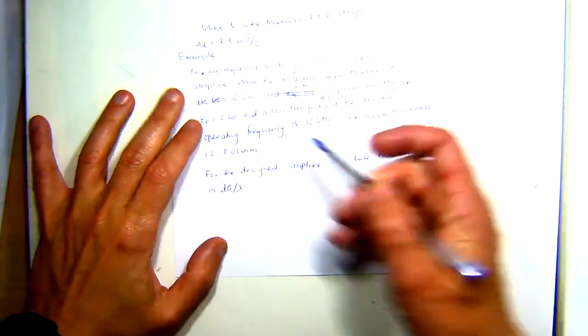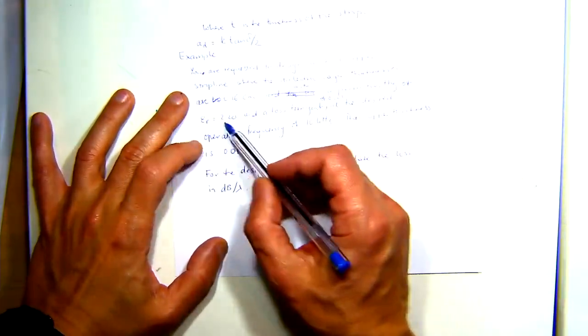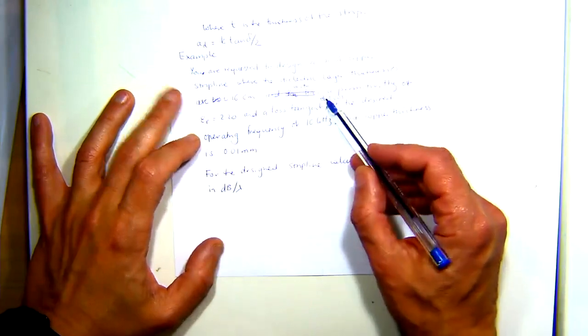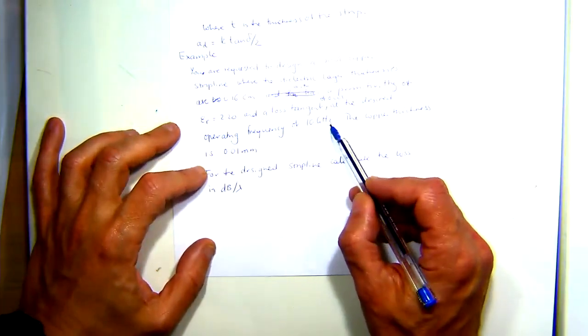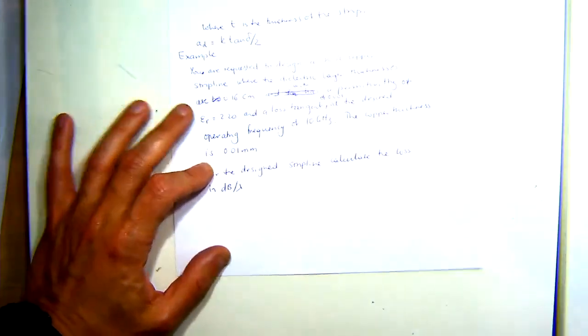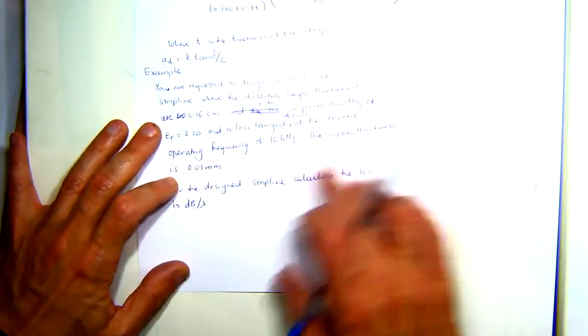So usually you're given a thickness, a dielectric constant, a loss tangent, a desired operating frequency, and a copper thickness.